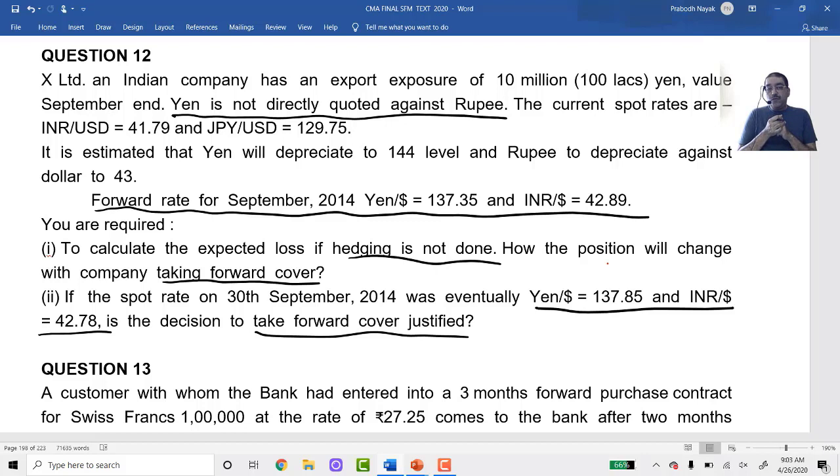Okay, the expected spot rate is fine. First of all, we have to get the spot rate in actual format. Now we are given rupees to dollar and yen to dollar. Both are ending in dollar. So what do I do? I take a reciprocal.